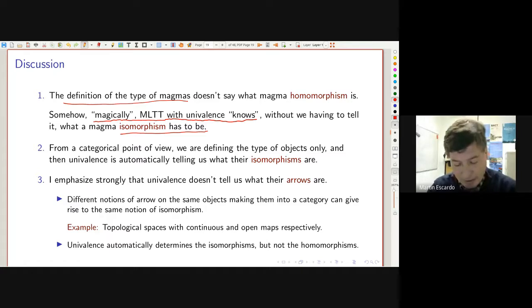From a categorical point of view, we are defining the type of objects only, the magmas, and then univalence automatically tells you what the isomorphisms are. It doesn't tell you what the homomorphisms are.